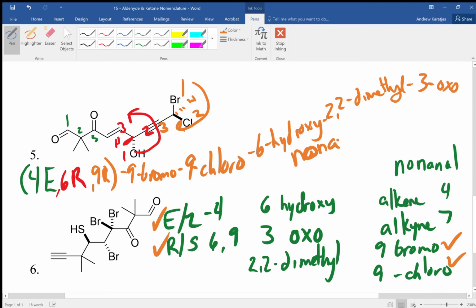Non-4-en-7-yn-al. So remember, as always, no matter how complicated our nomenclature questions get, it's a matter of going through our step-by-step sequence to make sure that we don't skip any substituents, any stereocenters, or any functional groups.